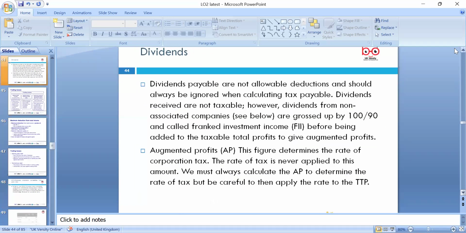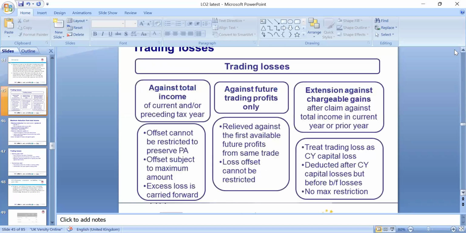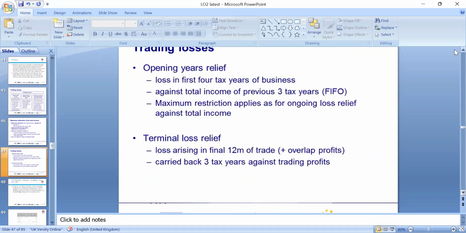So we have to look at the dividend. Dividend is of course paid after the tax. Trading losses again we can set off in up to 5 years, and we can look again at the chargeable gain. So maximum reduction: total income greater than 50,000, 25% of adjusted total income, which we need to look at.